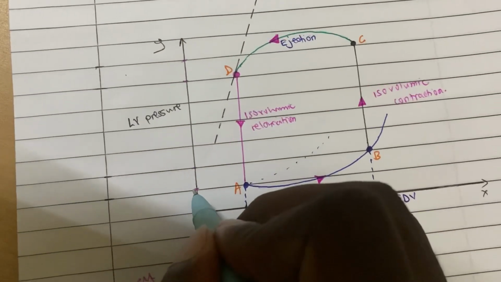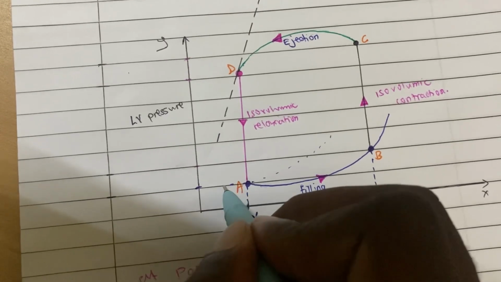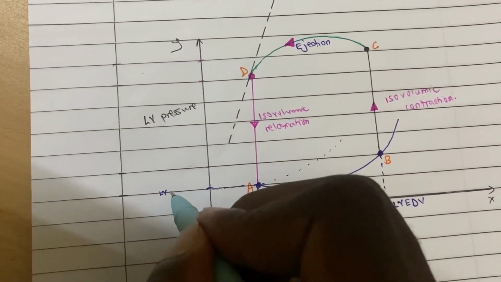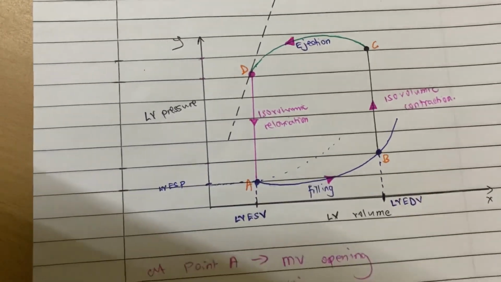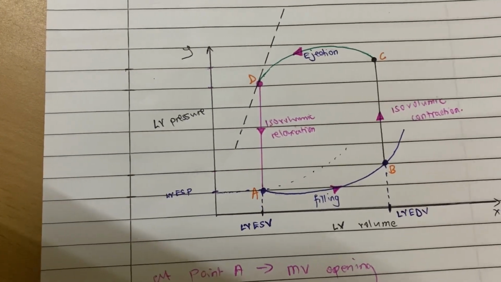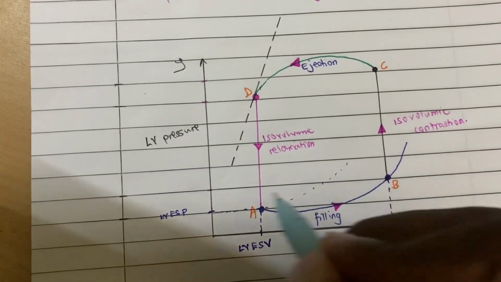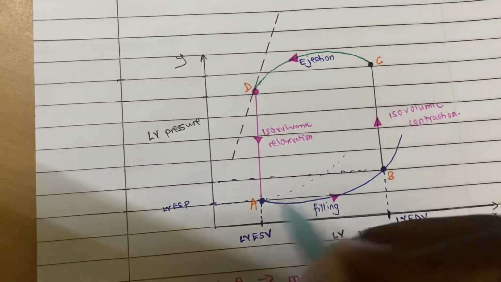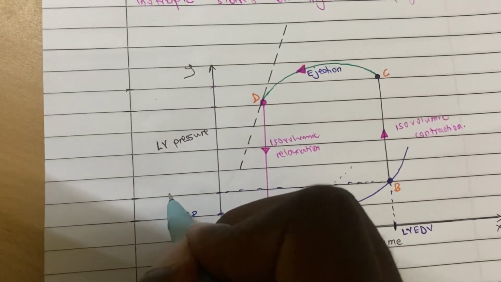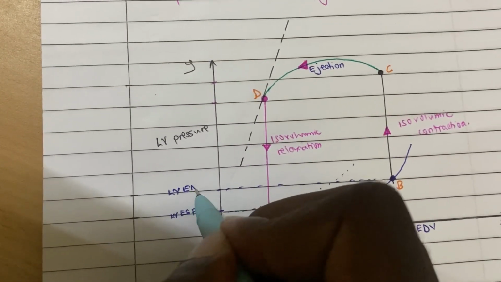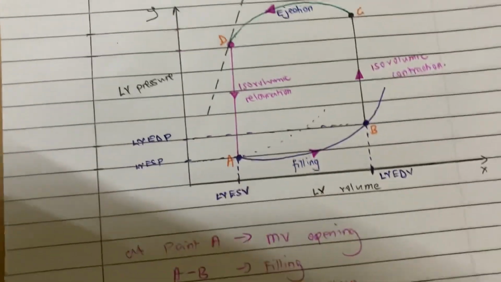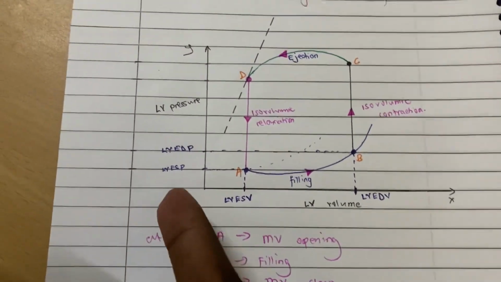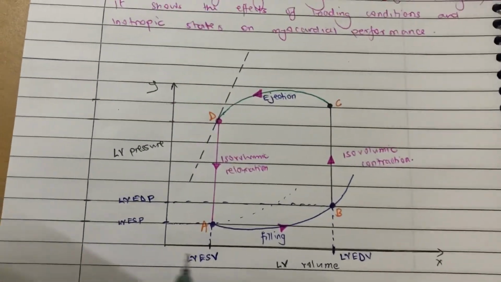Now at this point, if you extrapolate this line to the pressure axis, we have LV end-systolic pressure. And then if you extrapolate this line from the closure of the mitral valve up to this point, we are going to have LV end-diastolic pressure. This is advanced cardiology now, these labelings.